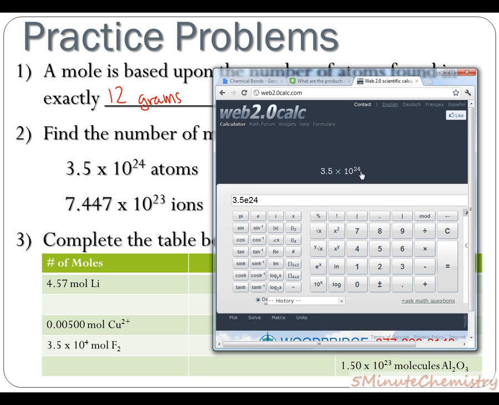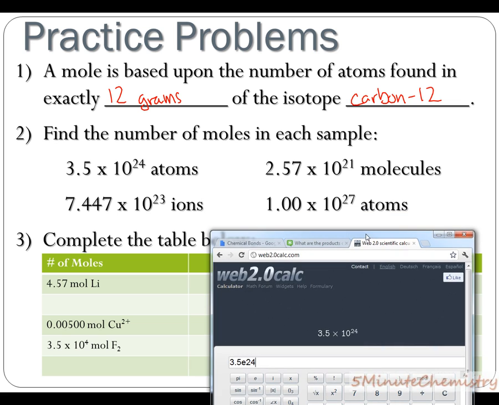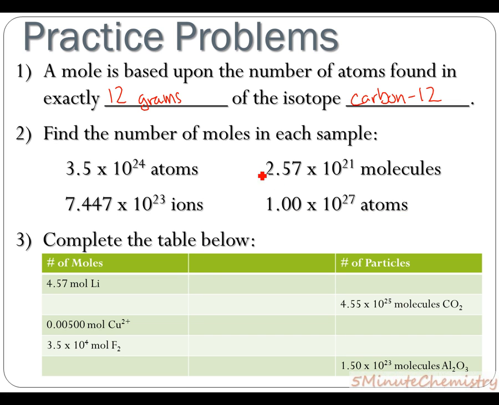So 3.5 times 10 to the 24th atoms. When I set that problem up, I want to know how many moles there are. So the conversion factor that we're going to use has atoms on the bottom, and we're going to take 6.02 times 10 to the 23rd atoms per 1 mole.